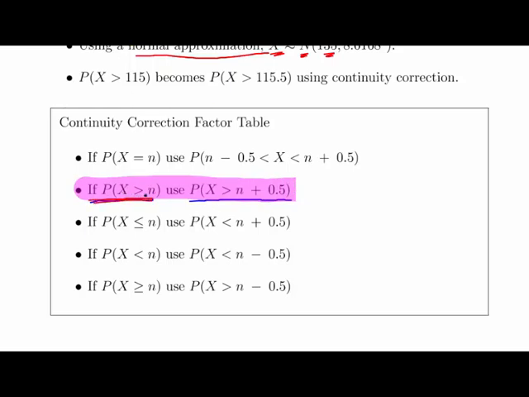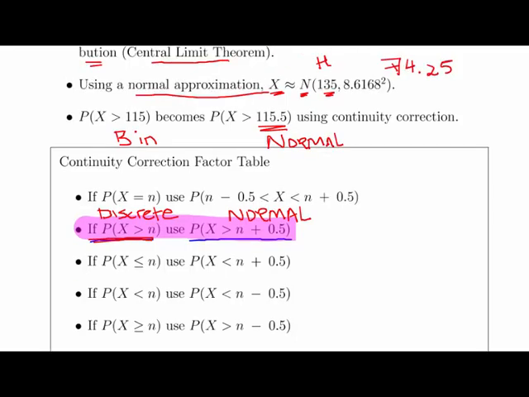So if X is greater than n in the discrete case, we use the normal probability of X greater than n plus 0.5. That's where the 115.5 comes from, when we add the continuity correction factor. We start off as binomial and approximate it using the normal distribution.